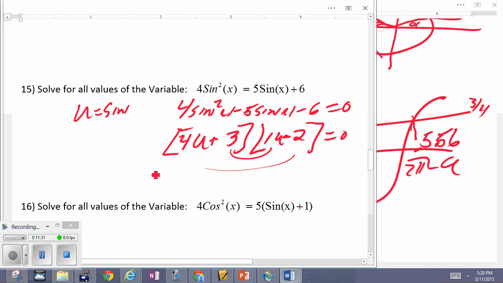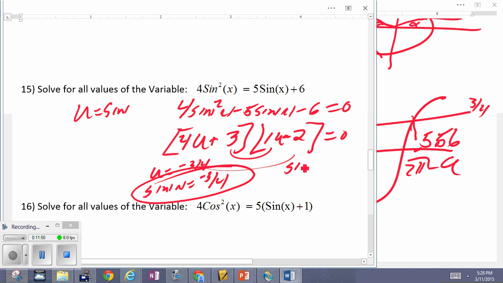So we get then u equaling negative 3/4, which means sine of x equals negative 3/4, which now again we're going to have to call on our calculator to find. The other contributor is the sine of x equaling 2, which can't happen, so we don't have to worry about that.